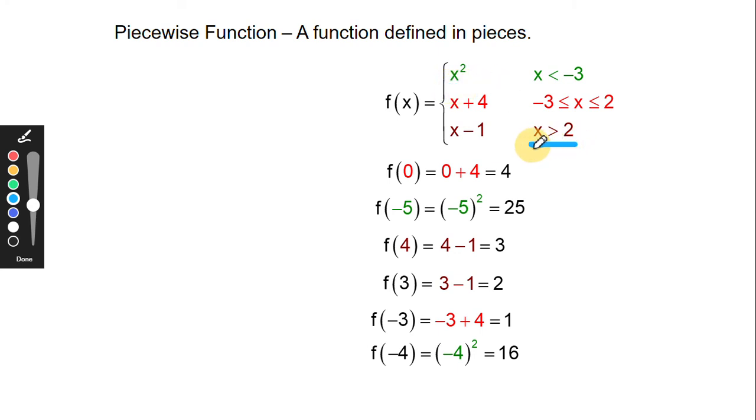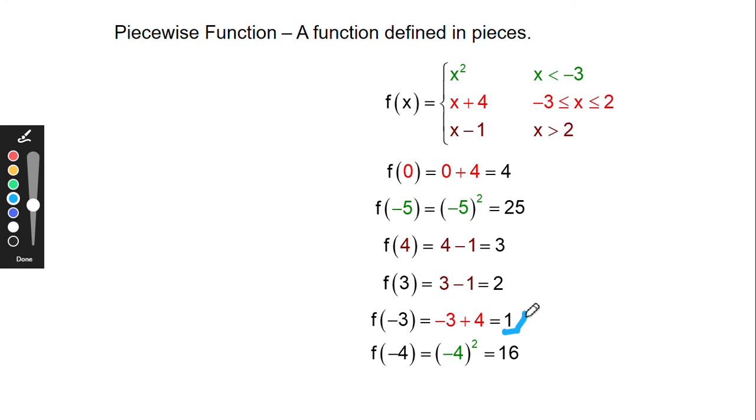Negative 3 is not greater than 2, so we will not use this piece. But negative 3 is equal to negative 3 in this statement here. So we're going to use x plus 4. x plus 4 becomes negative 3 plus 4, which is 1.